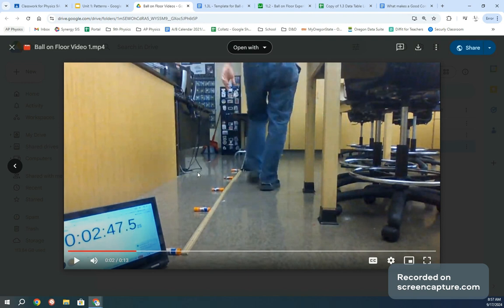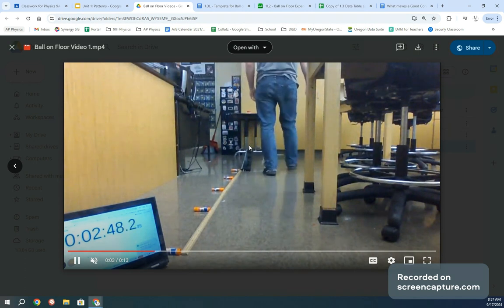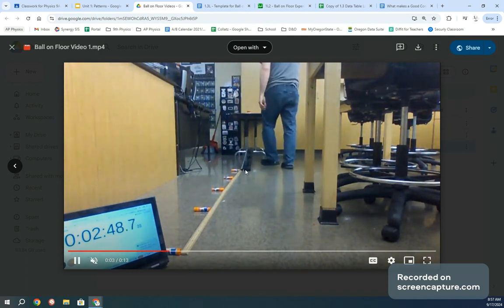And I'll show you the first one together so we can look through it. Another tip is that you can always go back to playback speed and drop that to 0.25. And that can make it easier to see when the ball is at a certain spot. So we can play. And again, we can just watch the ball rolling and pause it when it gets to that first spot.